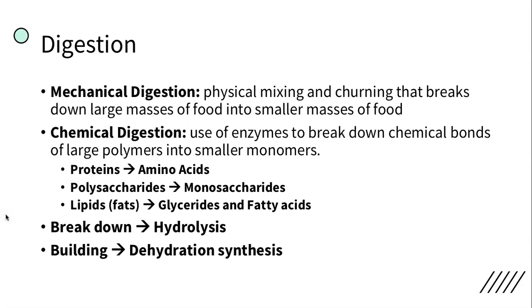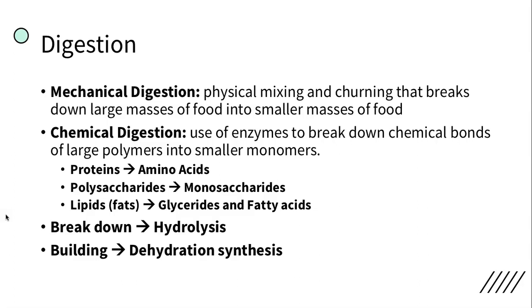And then we have digestion, where we have mechanical digestion, which is mechanical like it sounds. It's a physical thing of mixing, churning, chewing, breaking down large masses of food into smaller masses of food. And then we have chemical digestion, which is the use of enzymes to break down chemical bonds of large, what we call polymers, into smaller monomers.